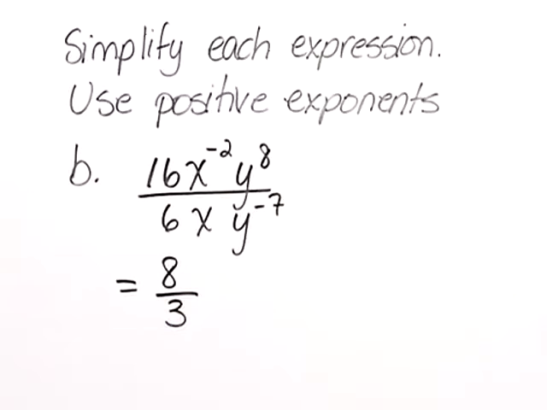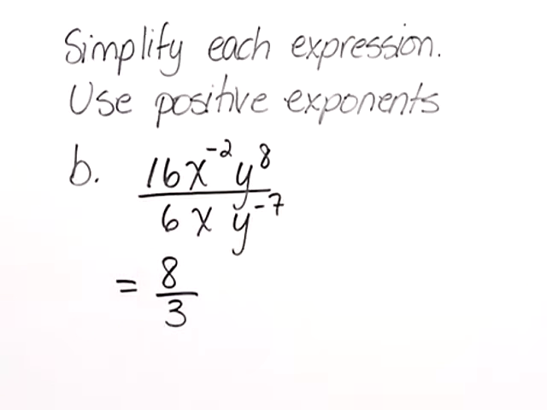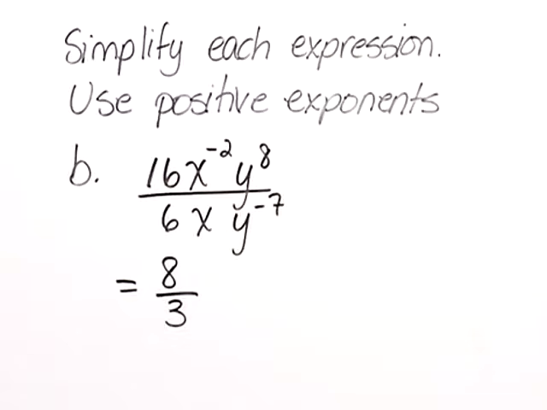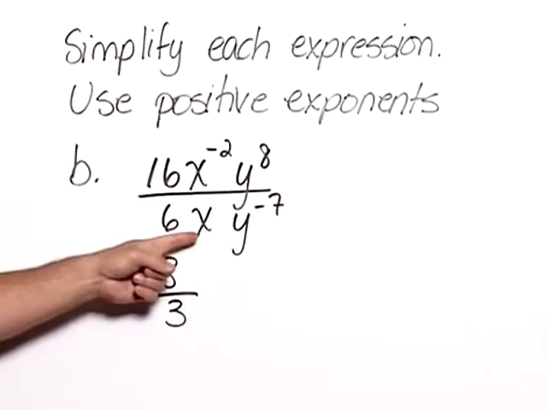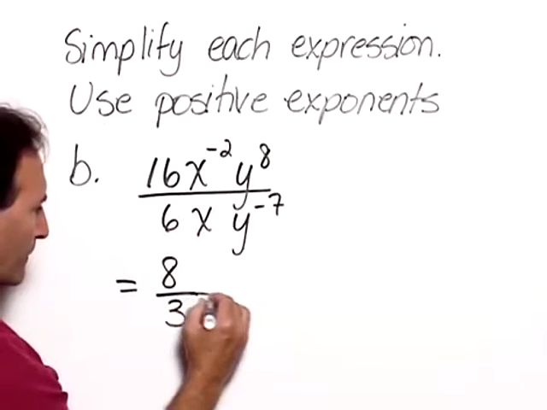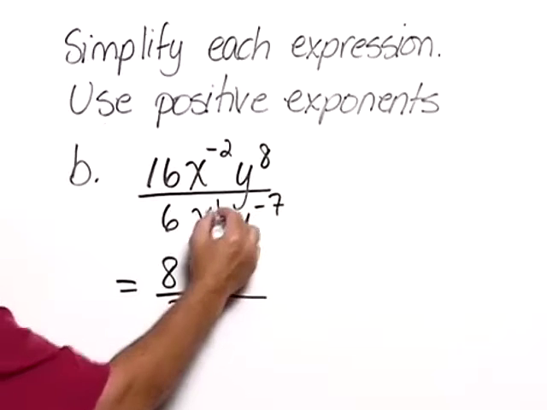Now, in terms of the variables, when we are dividing variables, we actually subtract their powers. And as I look ahead, since we want to use positive exponents, I am going to put the x in the denominator. So let's extend this. And remember, this is like x to the power of 1.